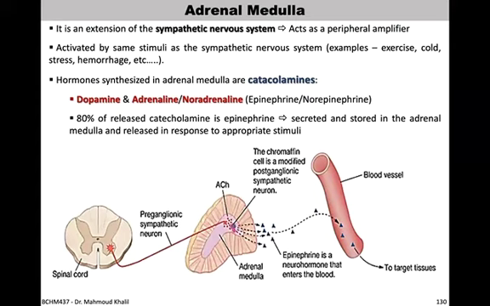As we said, it is the major cell type of the medulla, and it is actually a modified post-ganglionic sympathetic neuron. So we have a preganglionic sympathetic neuron and a post-ganglionic sympathetic neuron. Once it is activated by the acetylcholine in the adrenal medulla, it will secrete epinephrine as a neurohormone that enters the blood and goes to the target tissue.